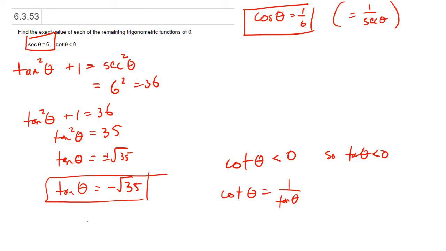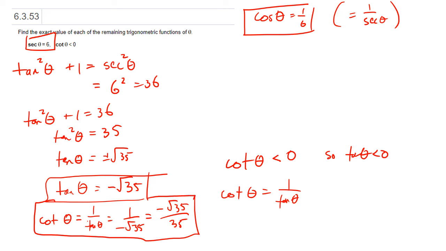Since the tangent of theta is minus root 35, we can immediately say the cotan of theta is 1 over the tangent of theta, or 1 over minus root 35, and if we want to simplify those radicals, we get negative root 35 over 35.